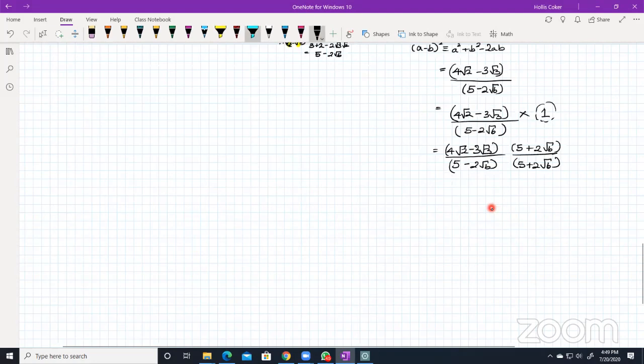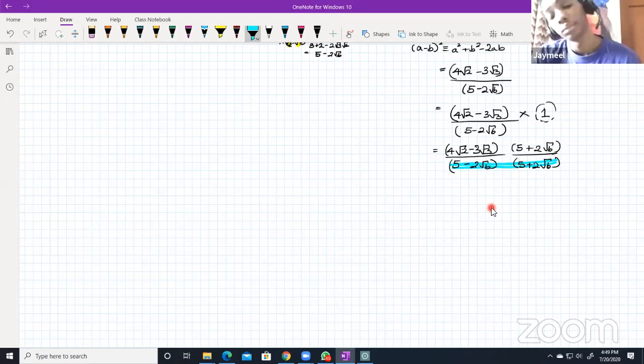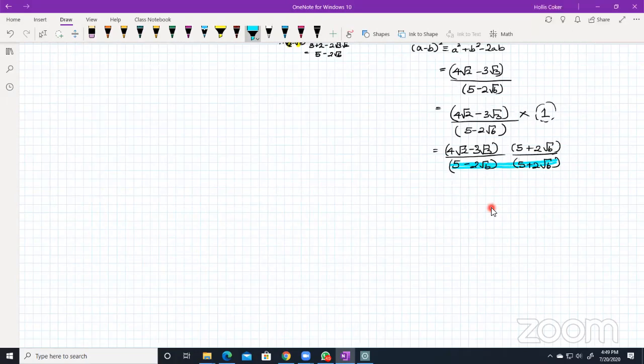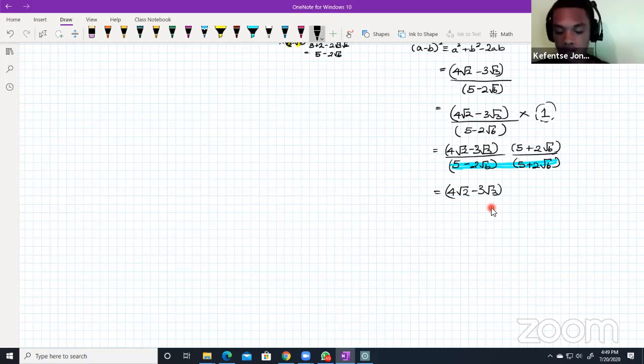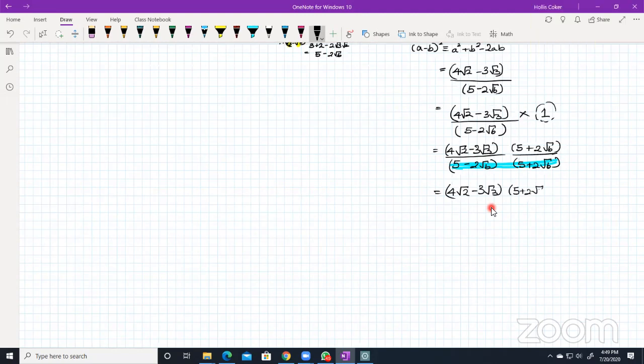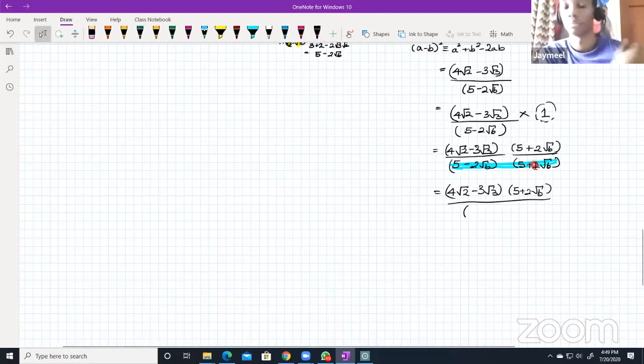We know the bottom already is in the form of a minus b into a plus b. So you know the result is going to be a squared minus b squared, right? Yes, sir. So we could just write the numerator as a product now. So this is equal to 4 root 2 minus 3 root 3 all into 5 plus 2 root 6, all over, of course, a squared minus b squared. 5 is a and 2 root 6 is b.